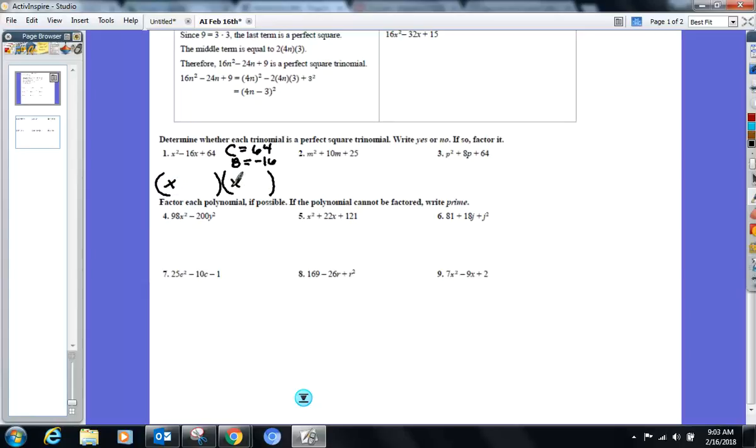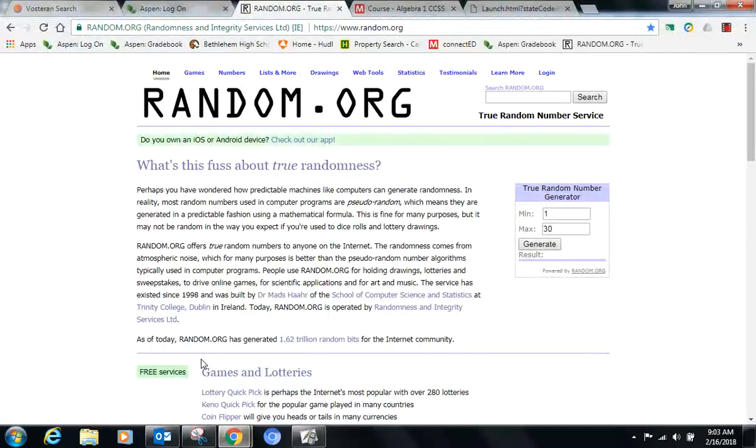X and X. Sorry for the lack of room, but two numbers that multiply to 64 but will give me negative 16. I don't know why I bother trying.